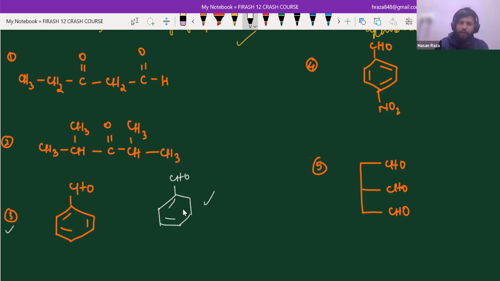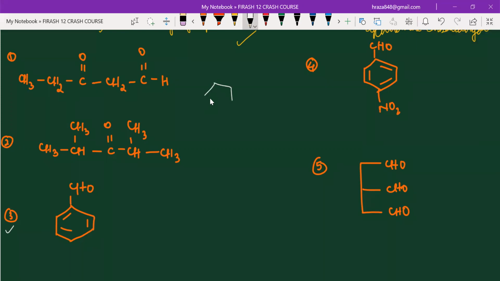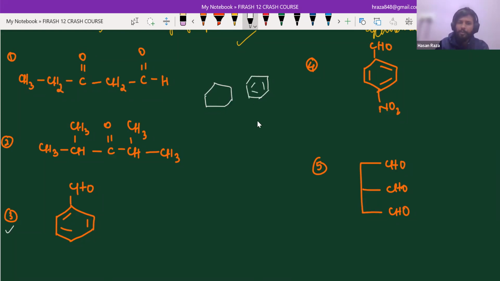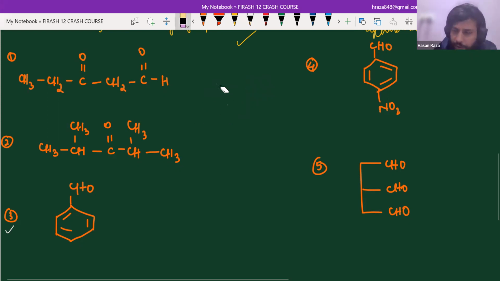And if you are going to put double bond at alternate position, it becomes benzene, right? There is a difference between this cyclohexane and this alternate position double bond. This is benzene, right? So this is different. That says benzaldehyde.